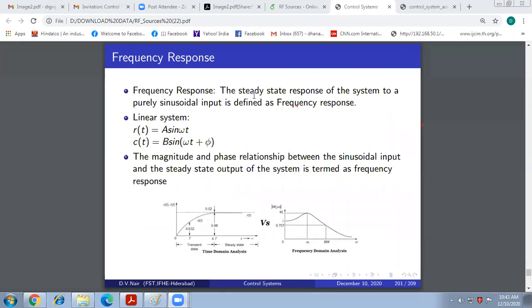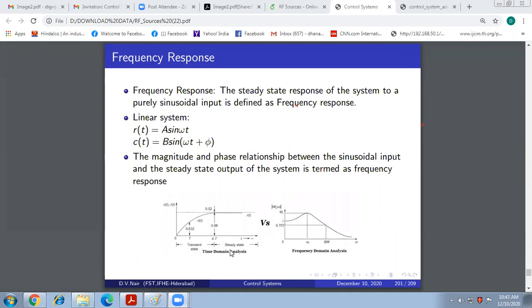So we will pick up that steady part of the output, when it has stopped varying with respect to time t. How that steady output changes with changes made in the frequency omega of the input signal will give us a sketch between output and frequency, which we will call the frequency response.